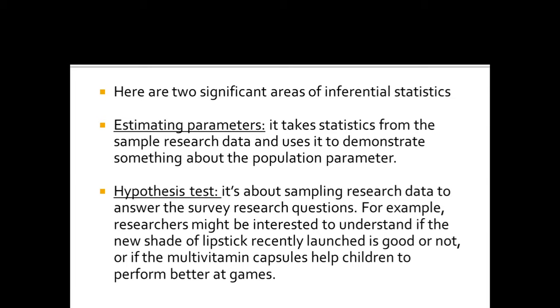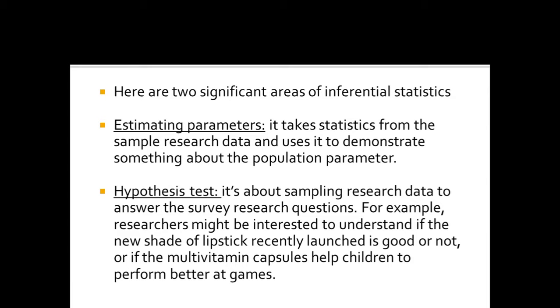So, for example, there are two significant areas of inferential statistics. The first one is called estimating the parameters. So, how one variable influences other variable. That's what sample research data does, and it uses it to demonstrate something about the population parameter. So, when you want to estimate the averages in relation to the population averages, or you call population mu actually.